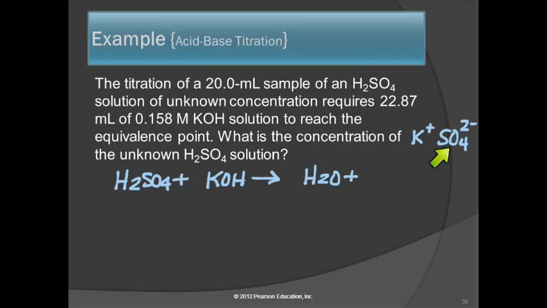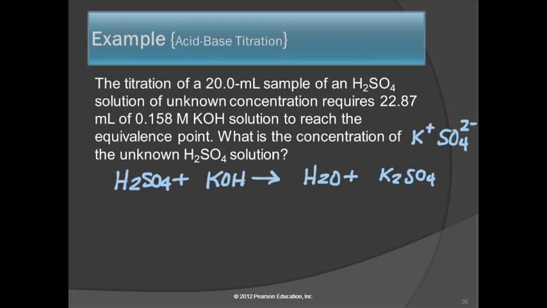We need to look at the formulas for the ions with their charges so that we can predict what the formula is. It's K2SO4. Is this balanced? No, it isn't. Here I've got 1 potassium, and over here I have 2.